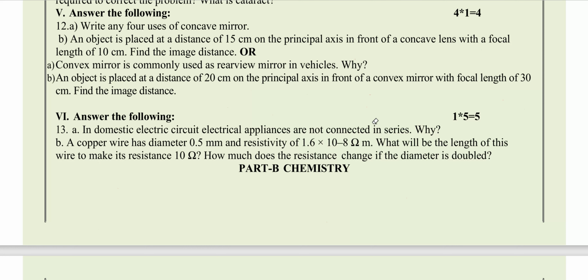If you want more power, more current, you have to connect in series. If you want less current, less power, then you have to connect the resistors in parallel. Understood? This could be your multiple choice question. More power, connect in series. Less power, parallel.